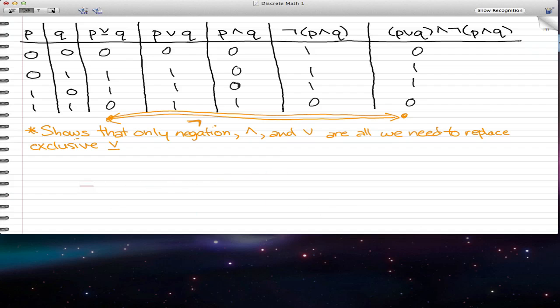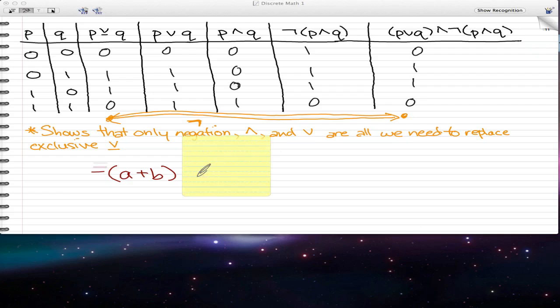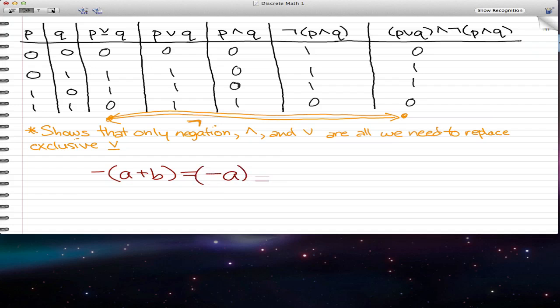For example, if we have negative bracket a plus b, we can expand this to negative a plus negative b.